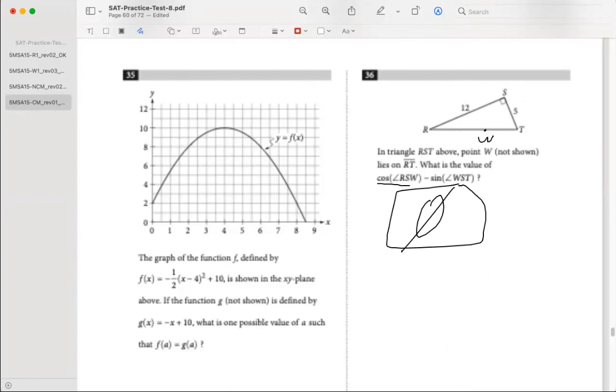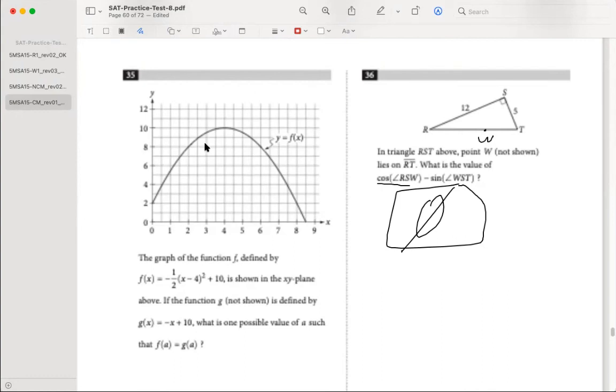Let me check chat. Yeah, we are allowed to have 0 for a grid-in response. It's a valid answer choice. As of 2015, you can answer negatives on grid-in responses. I don't know, maybe that changed this year, but you used to be able to enter negatives.